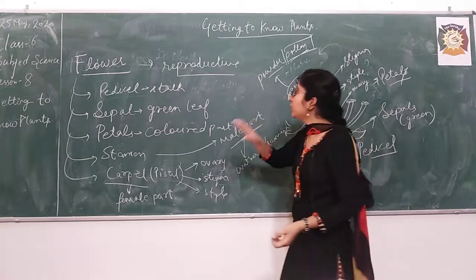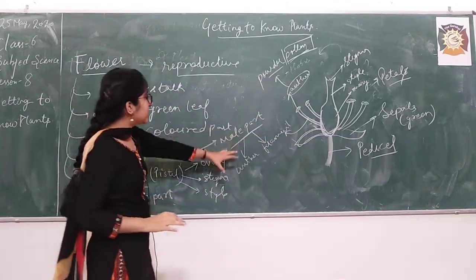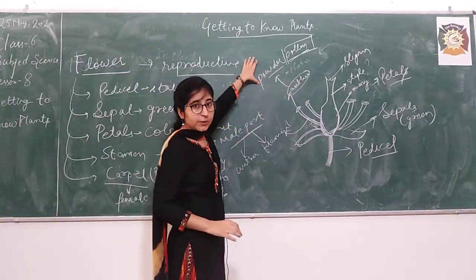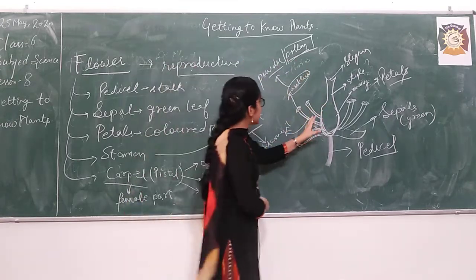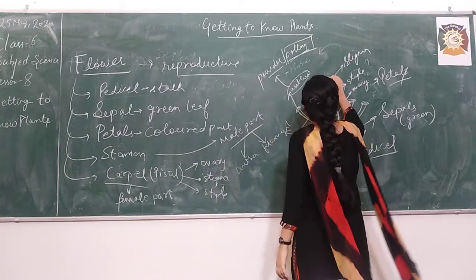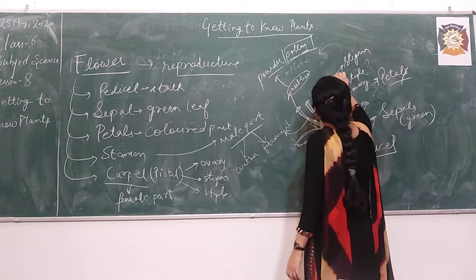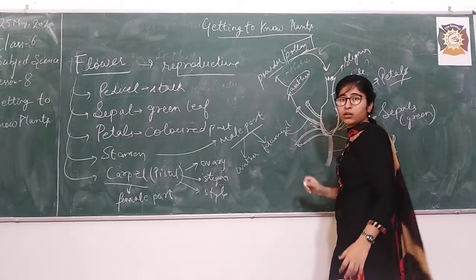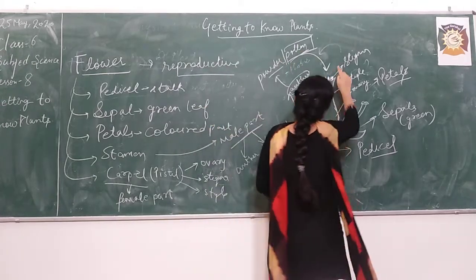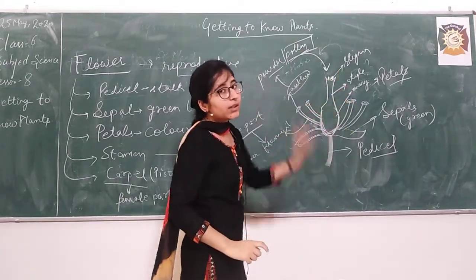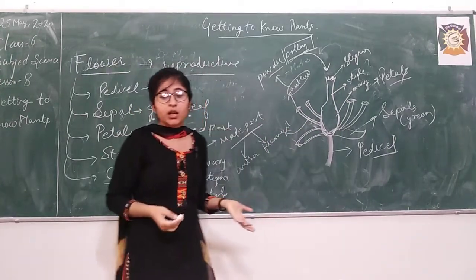Now I told you that the flower is the reproductive organ. Now what happens? This powder part, pollen grains, these... Insects can also carry this, right?